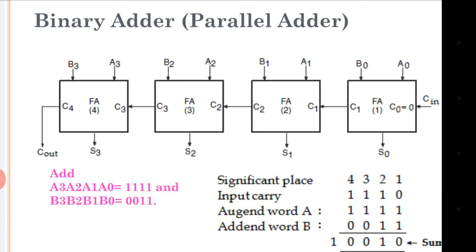Then C3 will be generated, it will be forwarded towards the full adder 4 and it will add, and at the end C4 will be generated. In our unit number 2, I have created a detailed video explaining the full adder, binary adder.